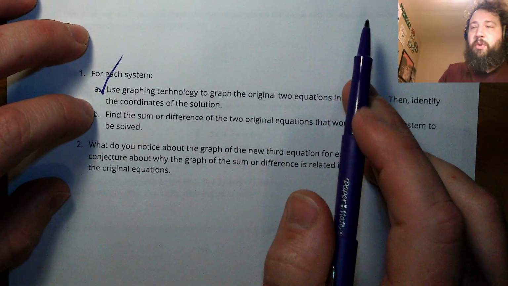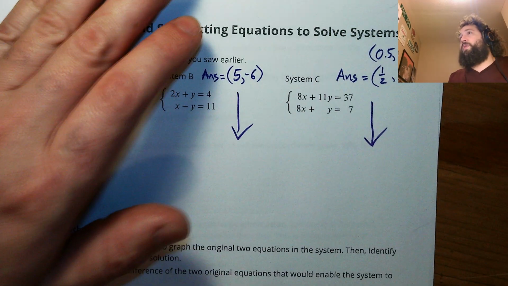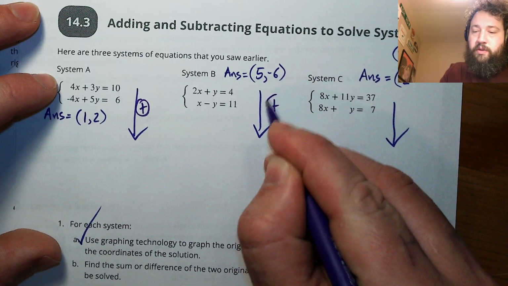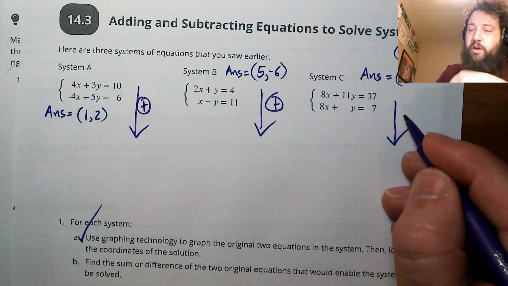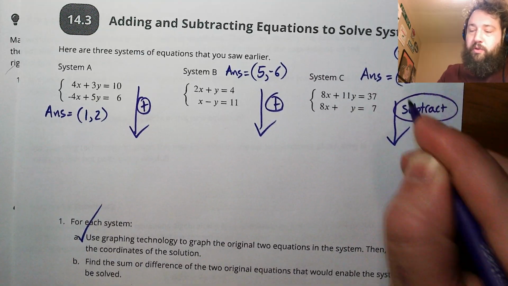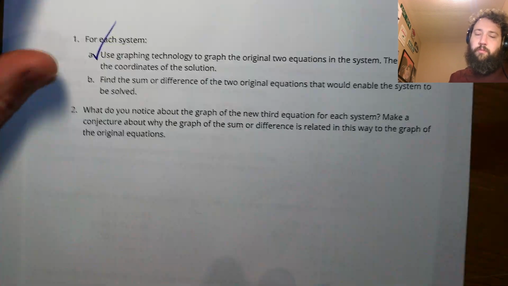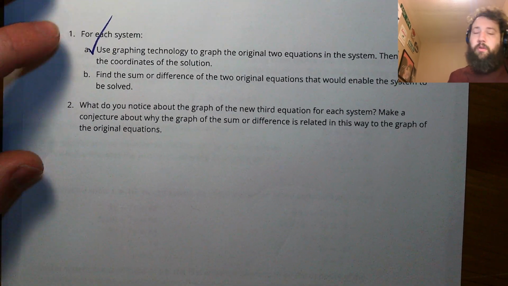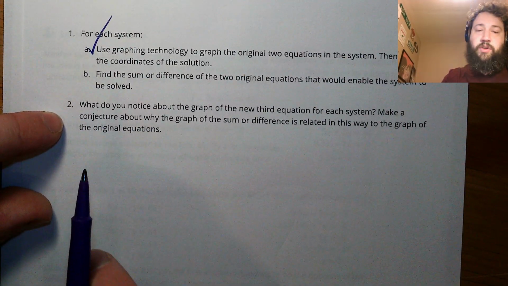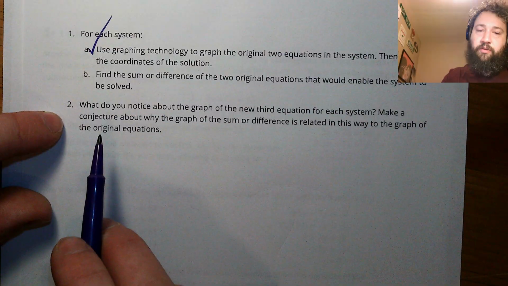And then remember, let's go ahead and add these down ourselves. Now this one, you're going to actually have to subtract like we did before. Now, once you do that, I want you to graph those new equations you have.